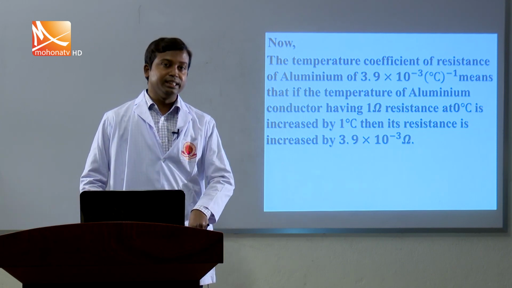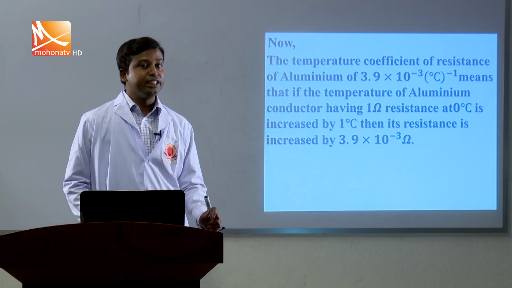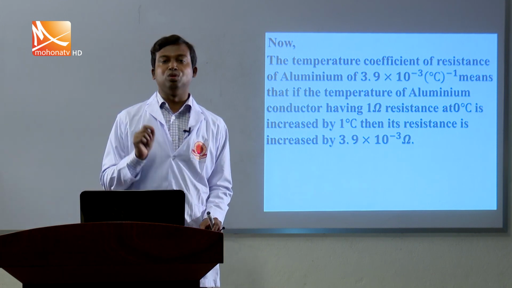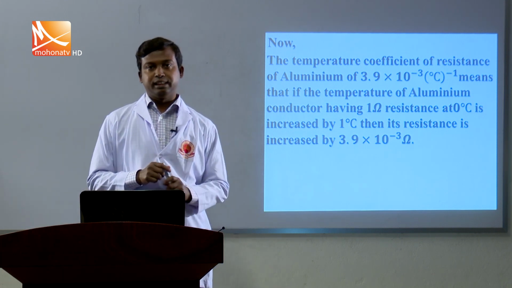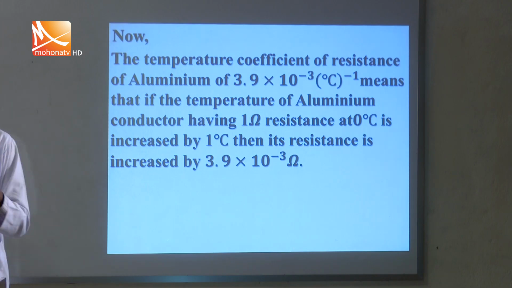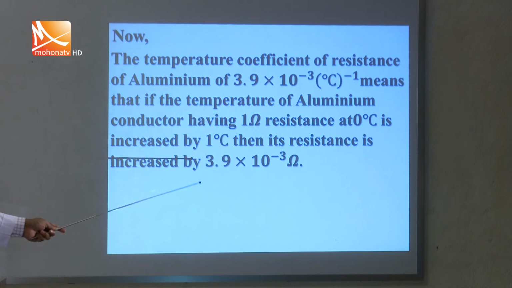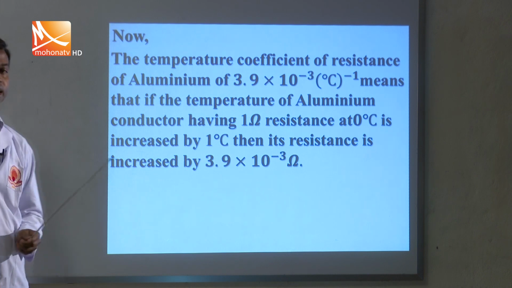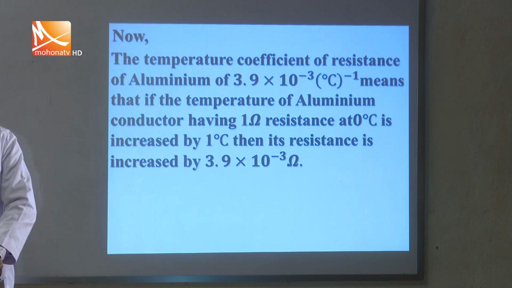That means, if the resistance of aluminum at 0 degree Celsius is 1 ohm, and you increase the temperature by 1 degree Celsius, then the resistance will increase by 3.9 times 10 to the power minus 3 ohm.